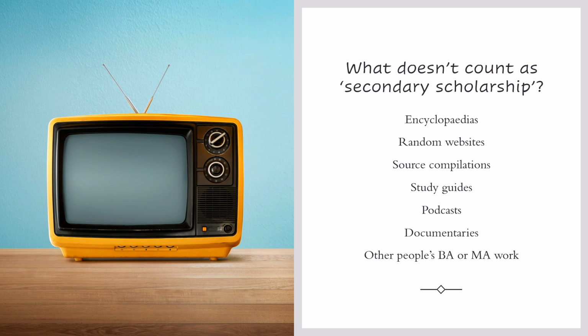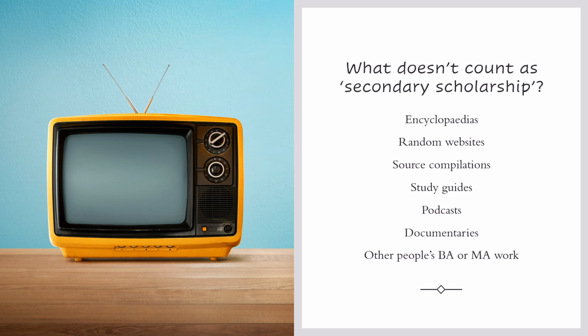And then other people's BA or MA work. I'm coming across this a lot at the moment, I think mainly because if you do a search for a particular topic on Google Scholar, you are currently coming across a lot of unpublished MA thesis work or even BA dissertation work. This is very much to be avoided, not because it may not be good. It may well be good. It may also be awful.